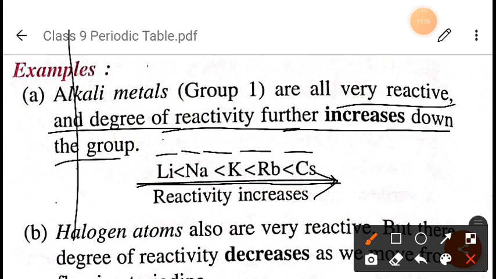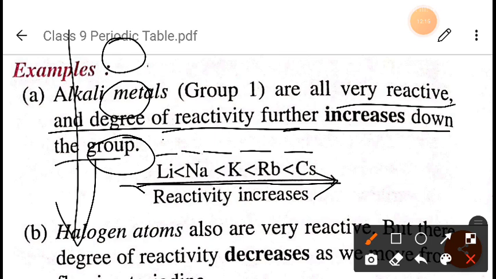As you go down the group in group 1 alkali metals, lithium will be less reactive than sodium, sodium will be less reactive than potassium, potassium less reactive than rubidium, rubidium less reactive than cesium, and cesium less reactive than francium.